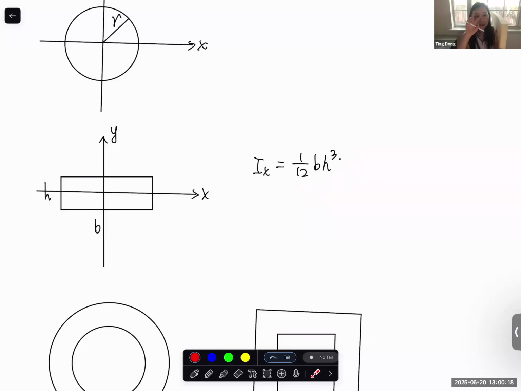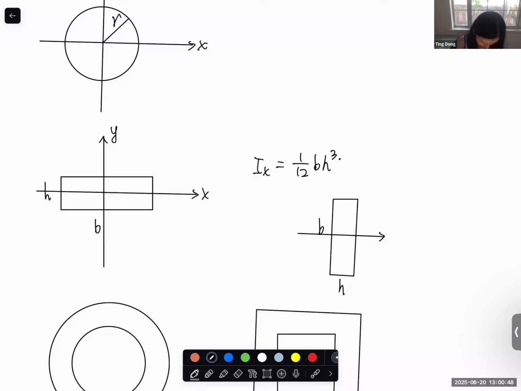The b and h switch because, let's do it this way. If we have a cross section like this, and we rotate it like this, then this becomes b, this becomes h.